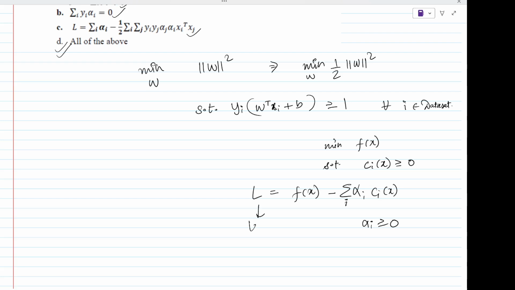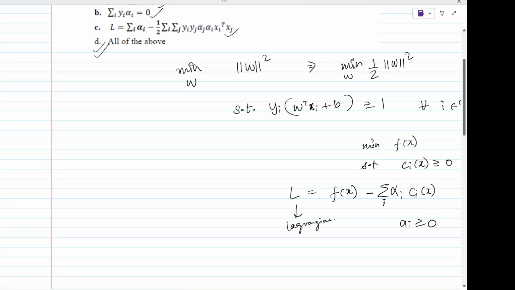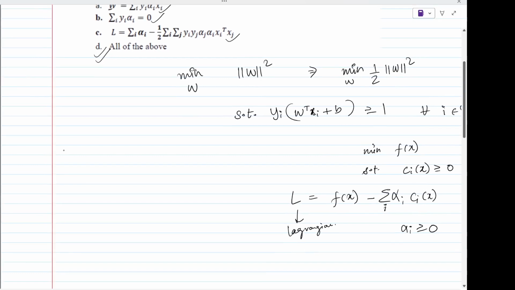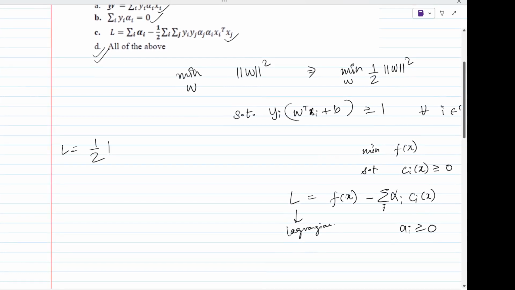This is the Lagrangian. So the Lagrangian that you get here is W minus summation alpha.